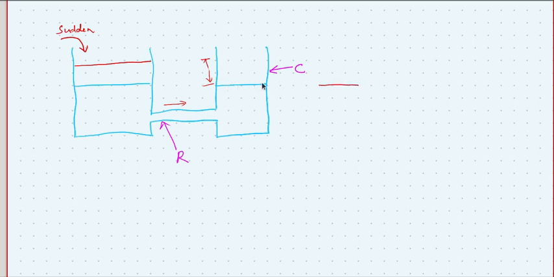Therefore what we get is this: this is our level when we started, and this was the sudden raise given to the input, that is, suddenly the level of water is raised by this much, and because of which the level of water here also sees a change.